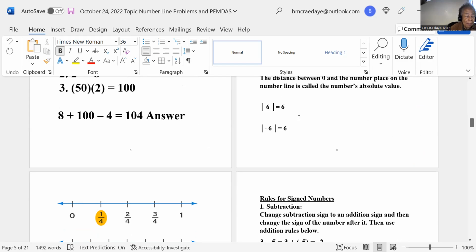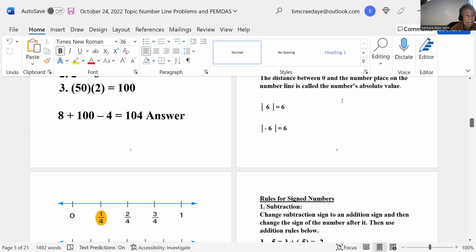So when you say absolute value of a number, there's no sign on it. That's all I want you to remember: absolute value has no sign. You represent absolute value with two vertical lines, and the number between the two vertical lines means absolute value.